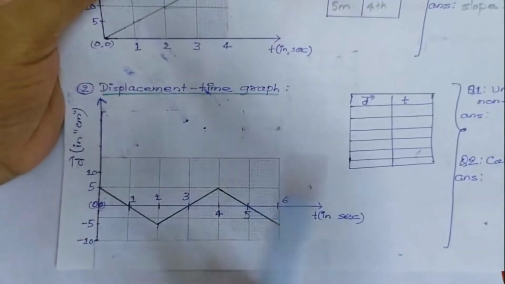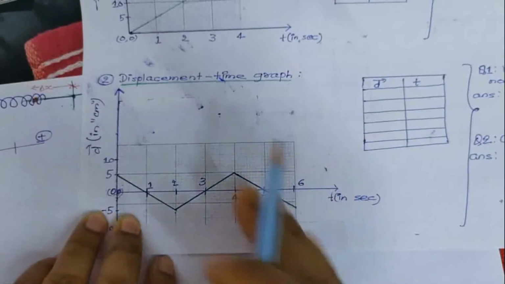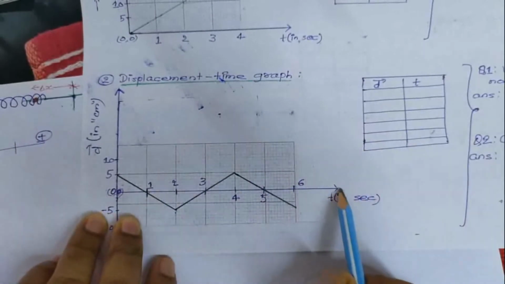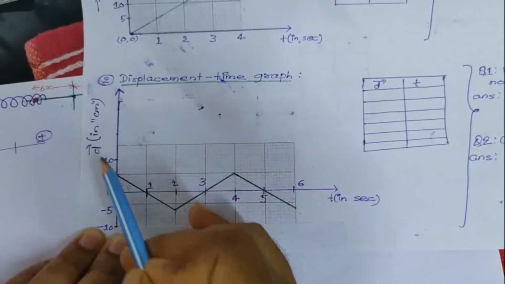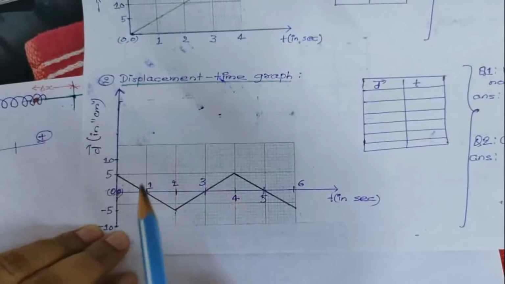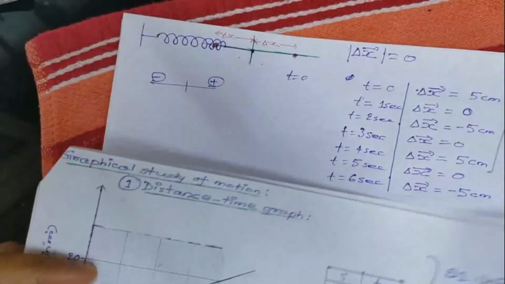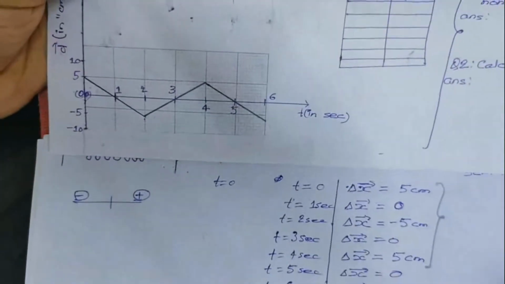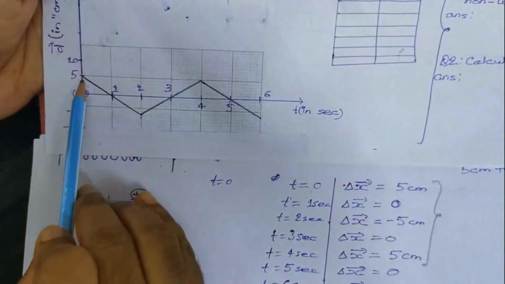Again, I have invested an extensive amount of time on this, so let me explain it to you. Along x-axis I have taken time in second, along y-axis I have taken displacement in centimeter. At t equal to 0, displacement is plus 5 centimeter.